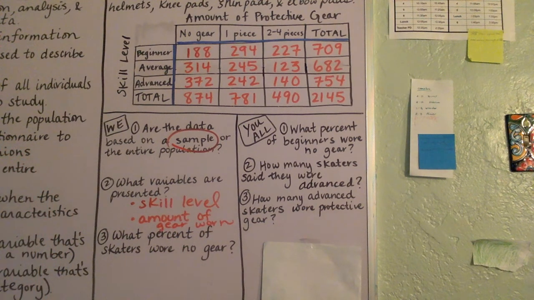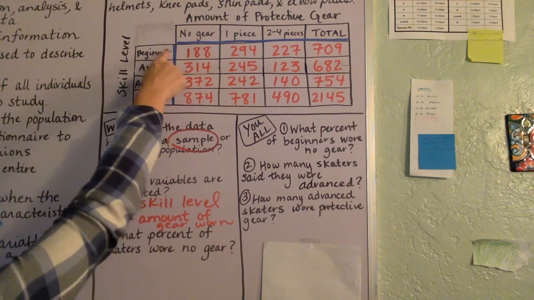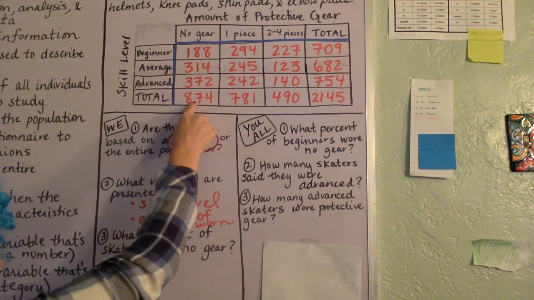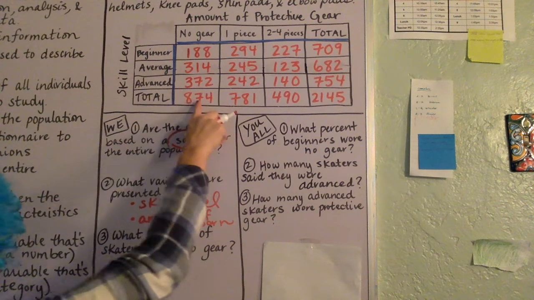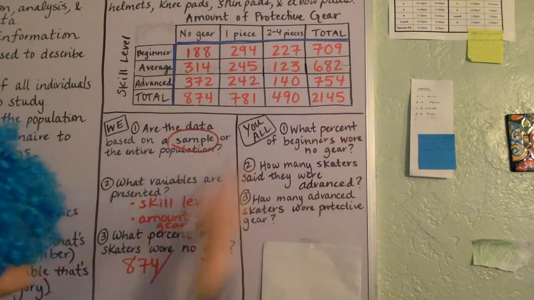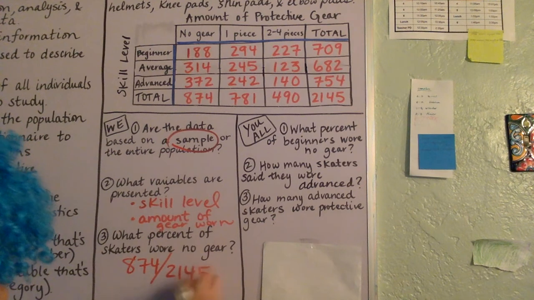And then lastly, what percent of skaters wore no gear? As you're looking at this, you can see the number of people, whether they're beginners, average, or advanced, that wore no gear was 874. Remember, a percent is that number out of the total number of people surveyed.